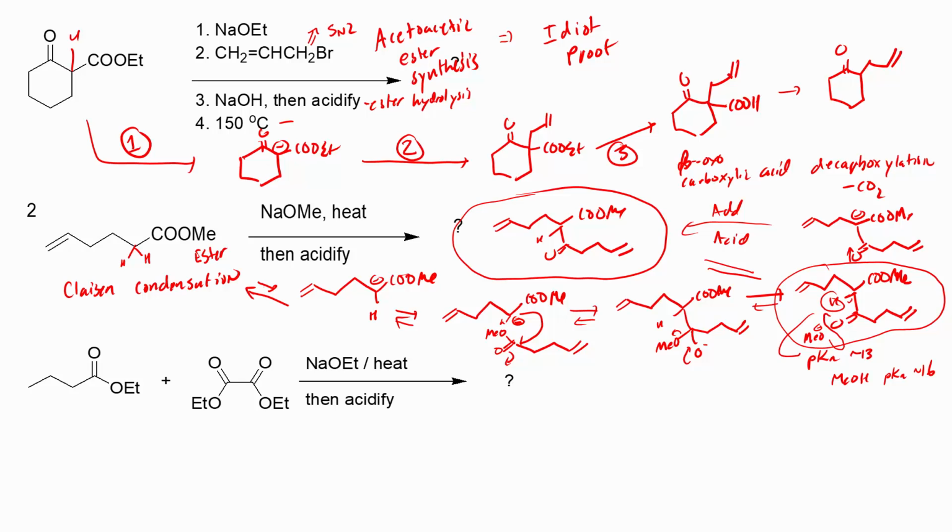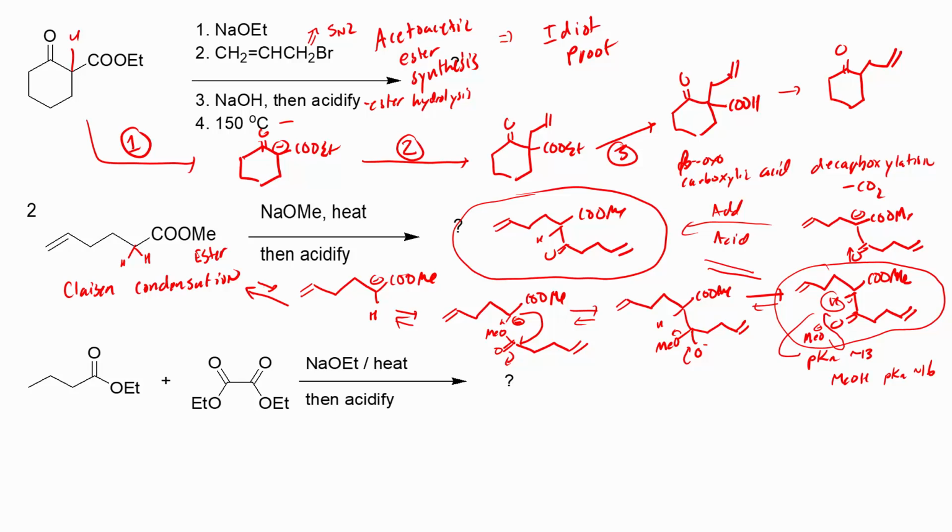But the most favorable step in the Claisen condensation is the last step of the reaction, the step where you remove that very acidic proton and make the anion. And the anion just sits there waiting for somebody to come along and add some acid.